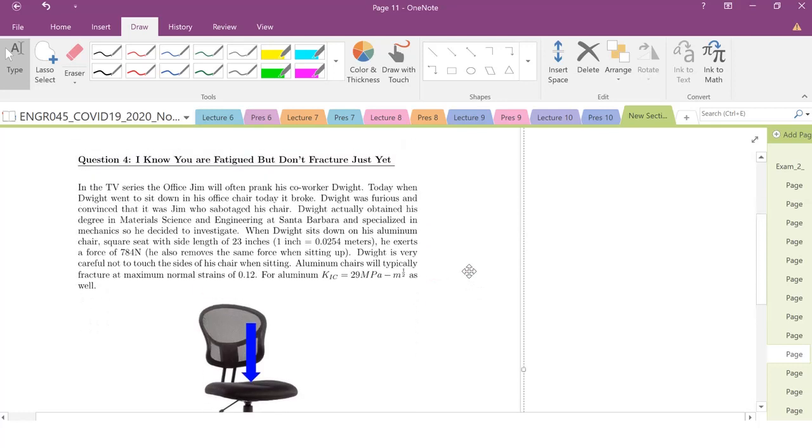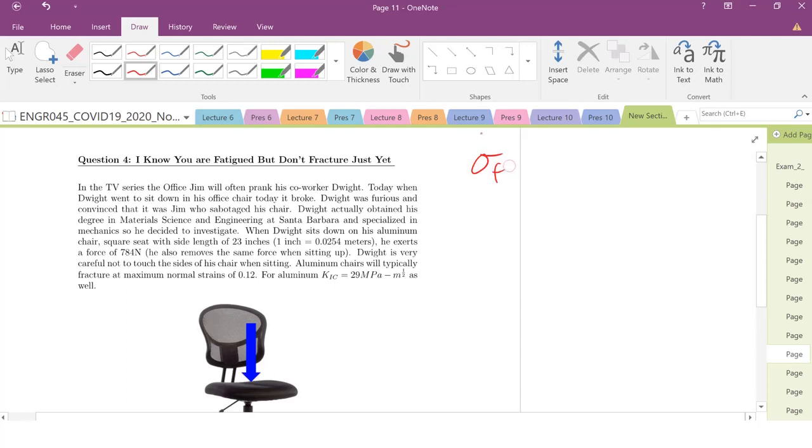So in this problem, we're going to be dealing with basically fracture mechanics, fatigue, and all those different phenomena. Just to remind ourselves before we get going, we have three really important equations for fracture.